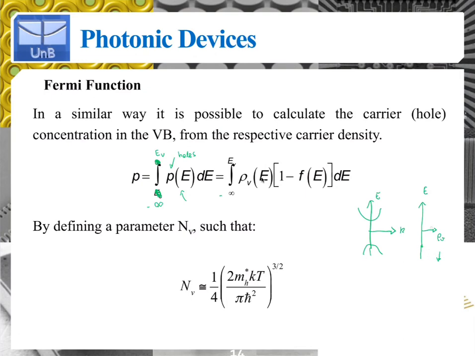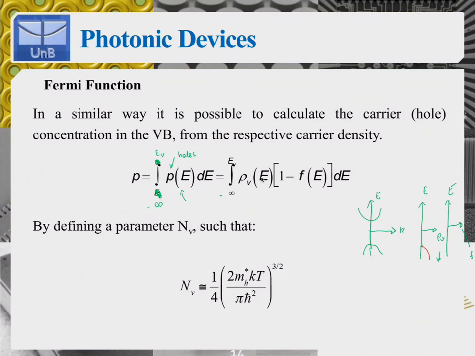And you also need to take into account the probability of occupation. But as we've said, if you want to find the probability of occupation, or the Fermi function f of E for holes, let's call this fh of E, this would be 1 minus the probability of occupation for electrons.